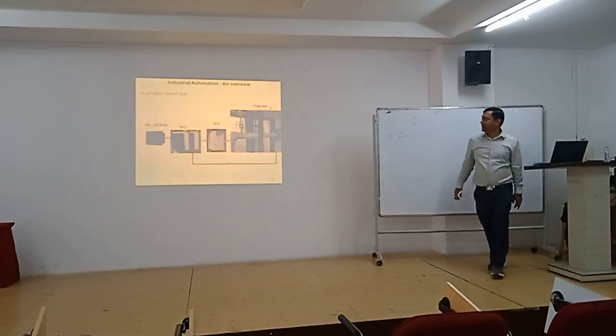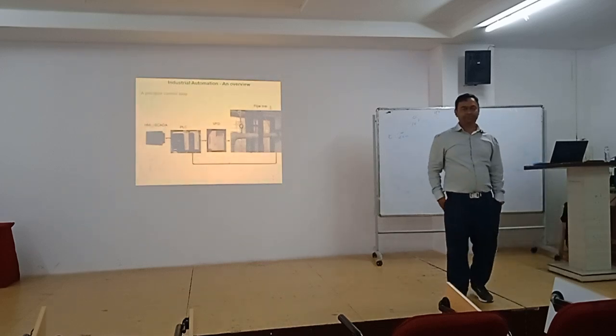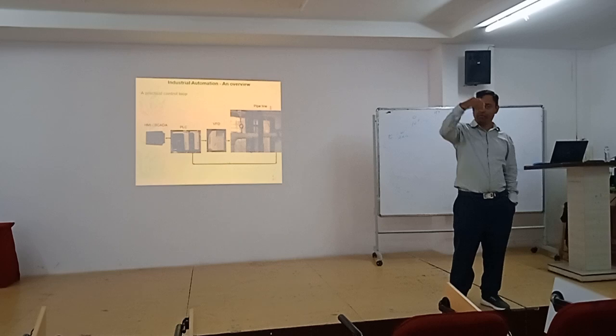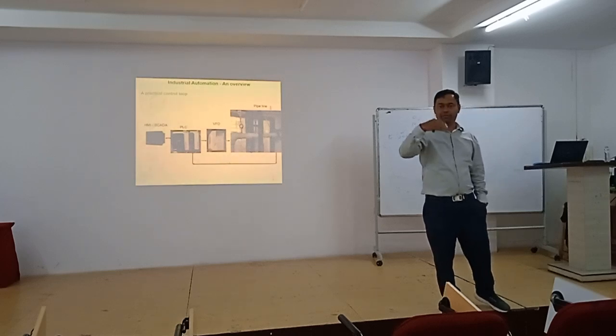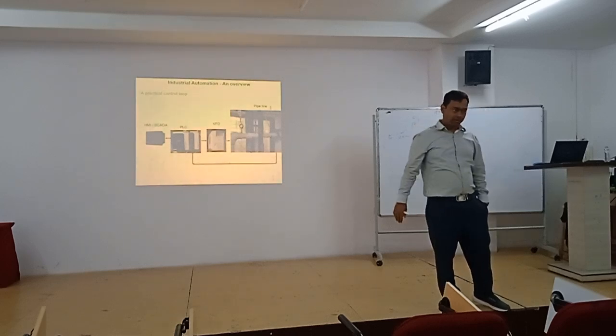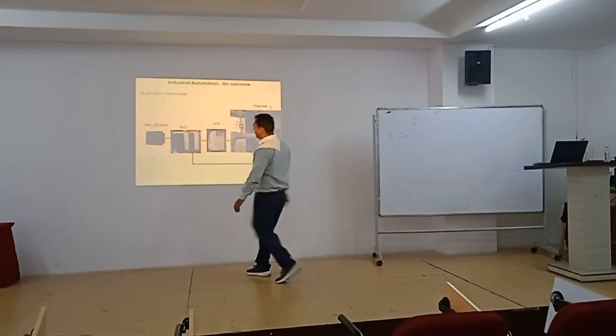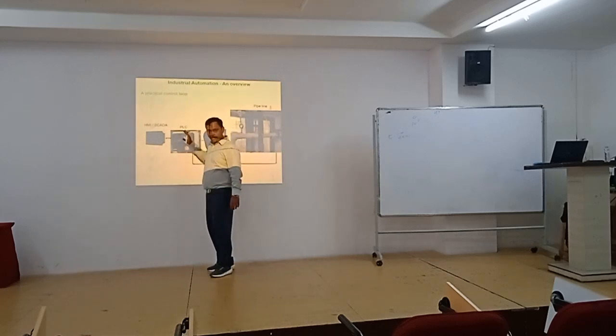So this is the practical diagram. Correct? The flow set point, whatever you are giving, 100 kg or 50 kg, you are going to give from the SCADA. That will go to the PLC. The PLC has one more thing: this program is already loaded in it. You have already downloaded the program.